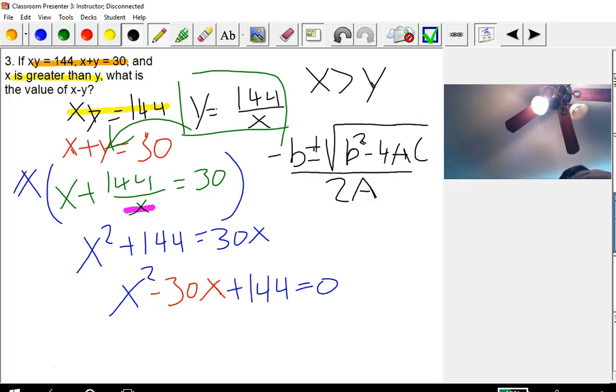Right? So for this kind of problem, let me write it like this: ax squared minus bx plus c equals 0.